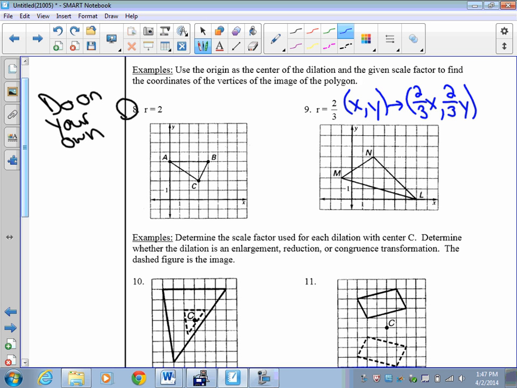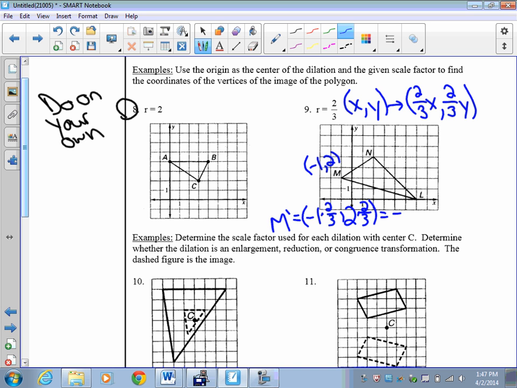So in order to solve for this, I'm first going to label all my points. So m is -1, 2. So that means that m prime is going to be equal to -1 times 2/3 and 2 times 2/3.